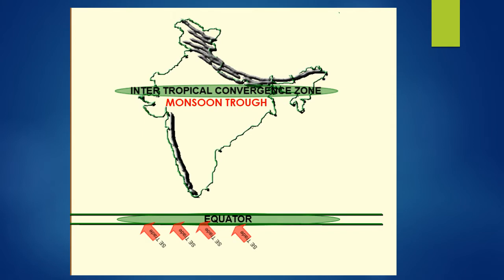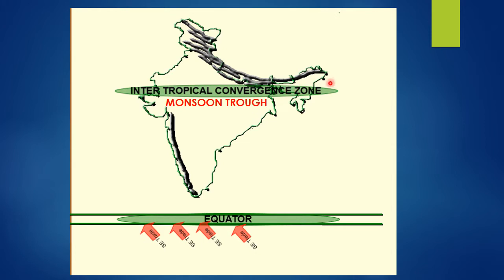Now, as we have already mentioned earlier, all of you know that the location of the ITCZ shifts north or south of the equator with the apparent movement of the sun. Now, during the month of June, where is the sun shining? Yes, the sun shines vertically on the Tropic of Cancer, and the ITCZ also shifts northward to 20 to 25 degree latitude and is located in the Indo-Gangetic plain.